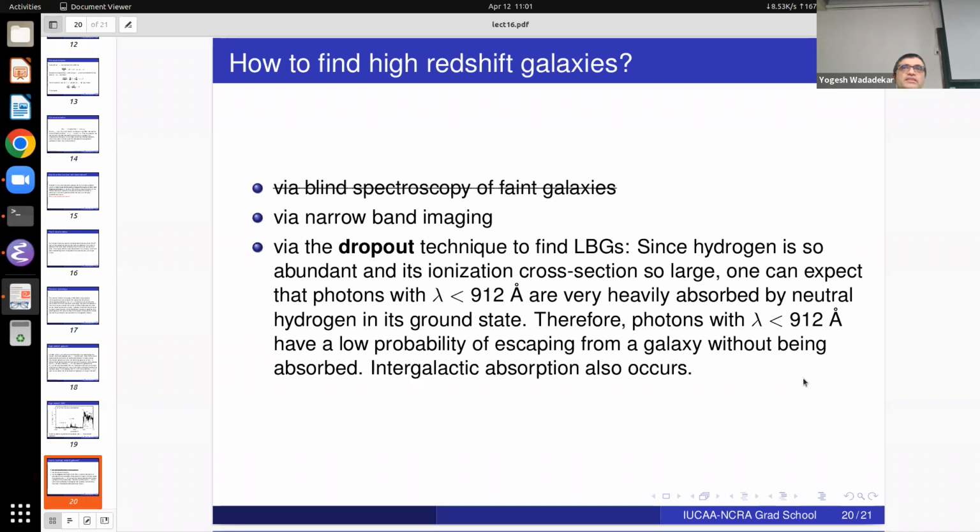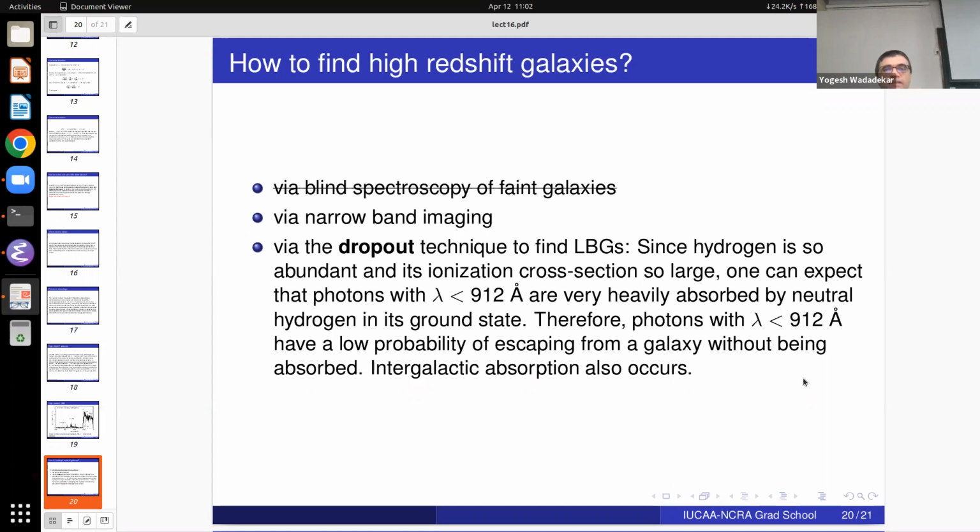Suppose there's a galaxy at redshift 2. Then if I tune my filter to 3600 angstroms, I'll pick up the redshift 2 galaxy. If I want to pick up redshift 3 galaxies, I tune my filter to 4800 angstroms. If I go to 6000 angstroms, I'm going to pick up redshift 4 galaxies. So I can keep on changing that, and I can get galaxies at whatever redshift I want.